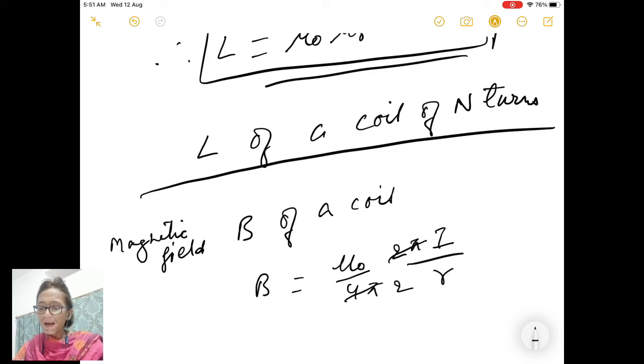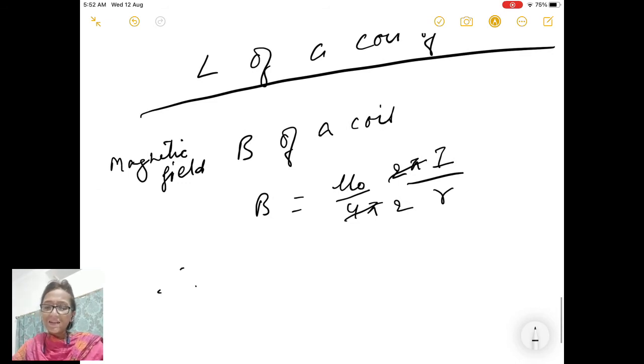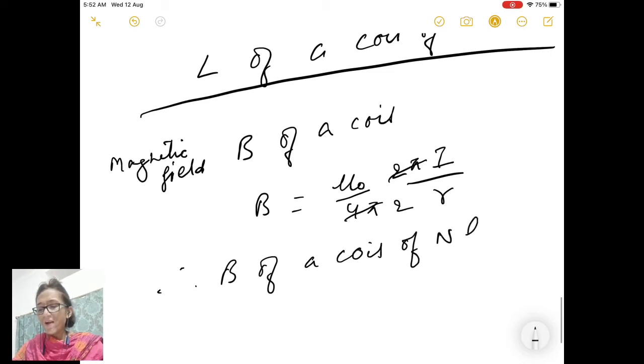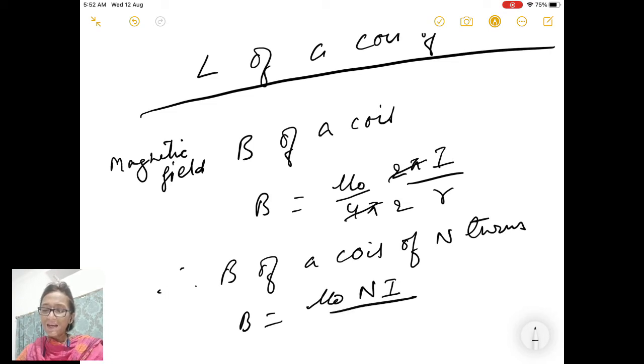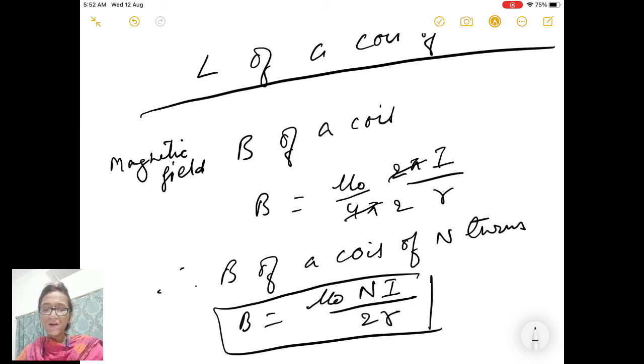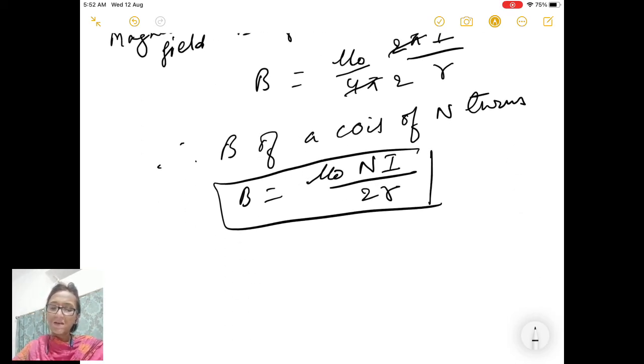So this is the magnetic field of a coil of single turn. Therefore, B of a coil of N turns will be just N times more. So B will become μ₀NI upon 2R. So this is the magnetic field of a coil of N turns.